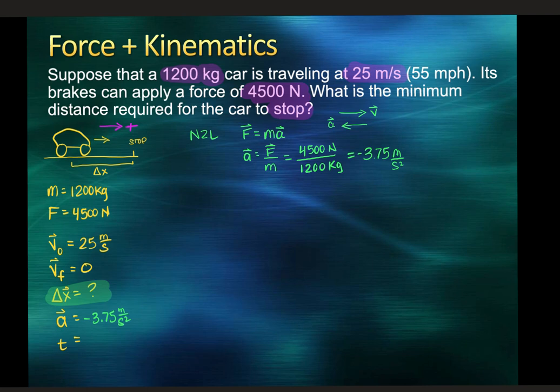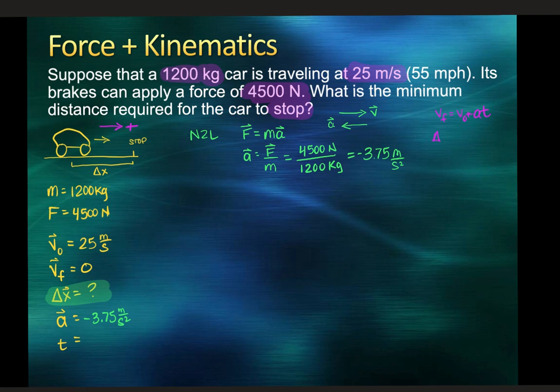So I am going to pull up my kinematic equations, and let's just review those for a minute. We have v final equals v initial plus a t. That one's not going to work for us because we have no time.